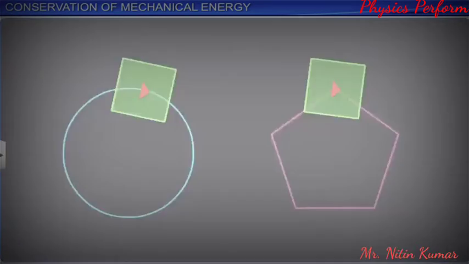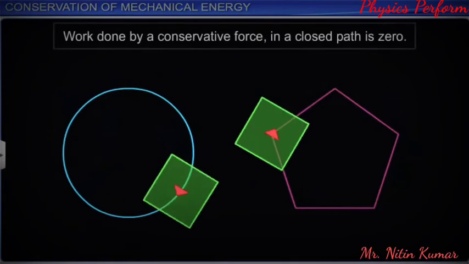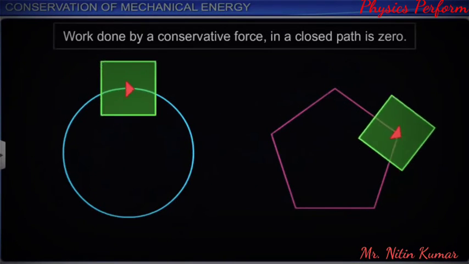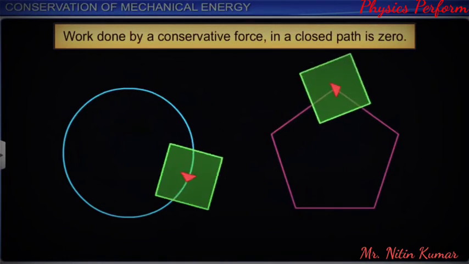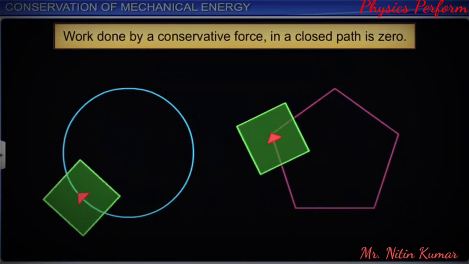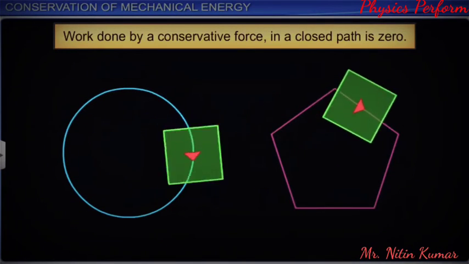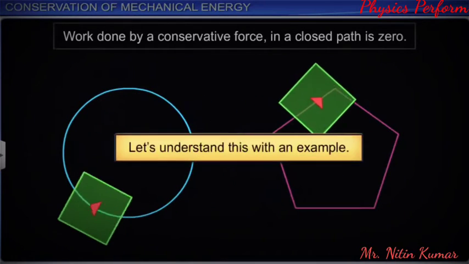Also, as the work done by a conservative force depends on the initial and final position, we can say that work done by a conservative force in a closed path is 0, as the initial and final positions in a closed path are the same. Let's understand this with an example.